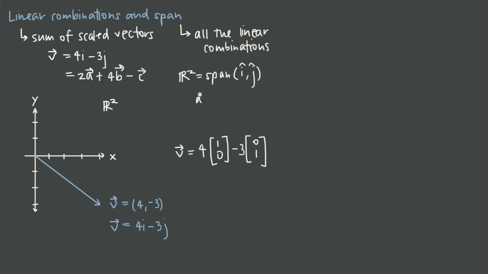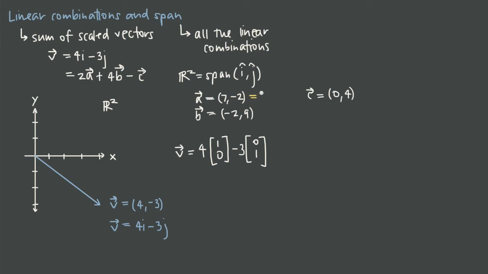Let's say I have the vector a, and that's equal to 7, -2. And I have the vector b, and that's equal to -2, 9. And let's say I also have the vector c, and that is equal to 0, 4. These are all vectors in R2, and I can express each one of them as some linear combination of i and j.